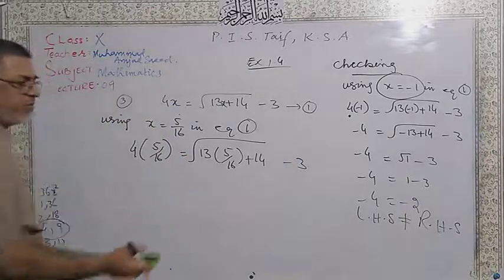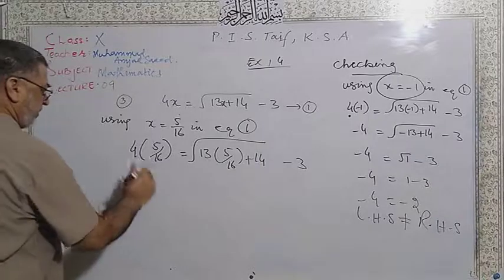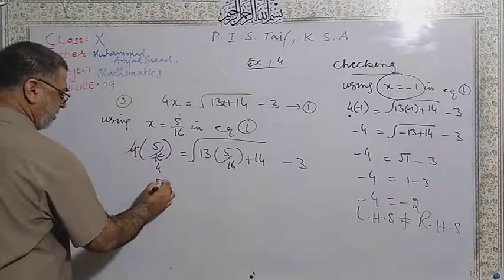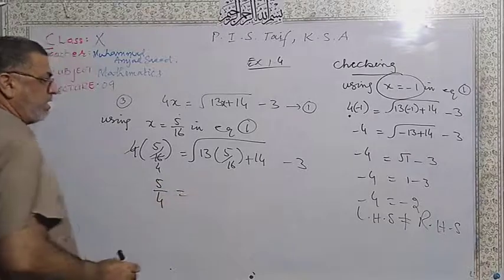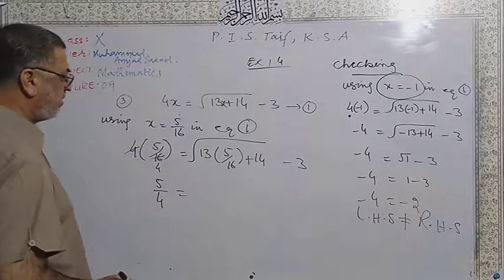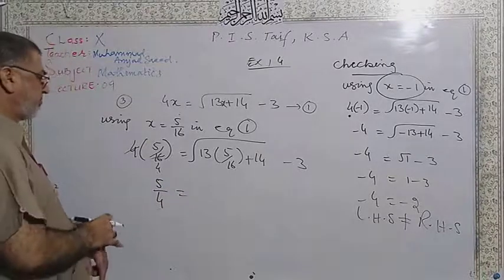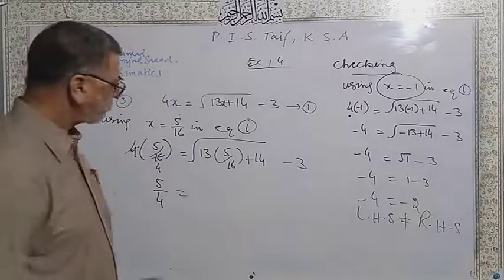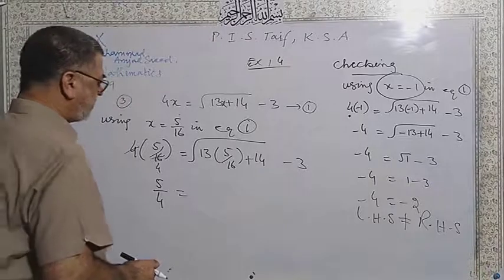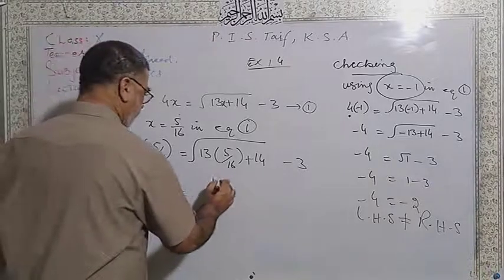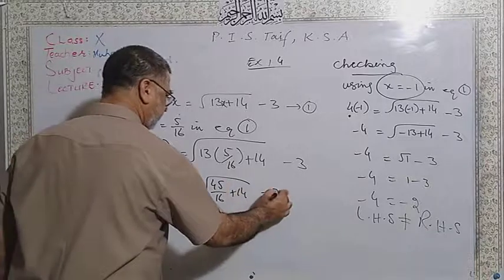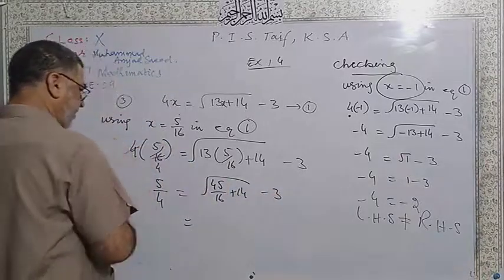Here you will have, cancelling out, 5 over 4 on the left hand side. You can check it. The right hand side is the square root of 65 over 16 plus 14, minus 3.